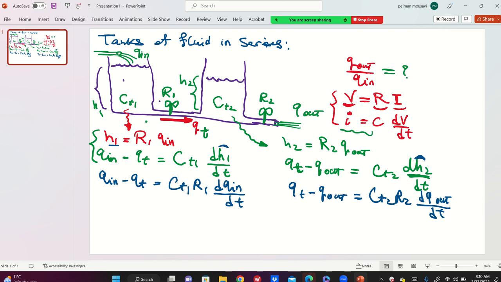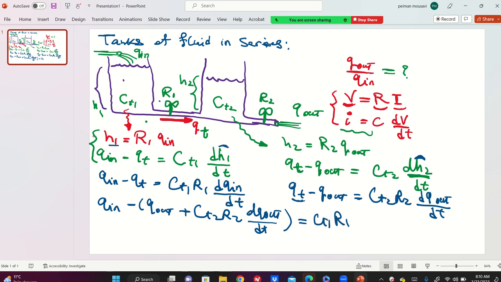Okay. To show that it's not correct, let me continue. I put Qt from here inside here. So you have Q in minus Q out plus CT2 R2 dQ out over dt equals CT1 R1 dQ in over dt.